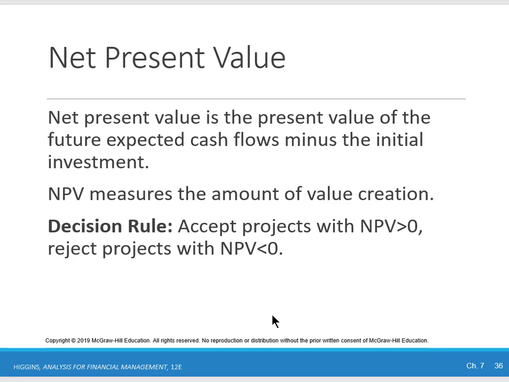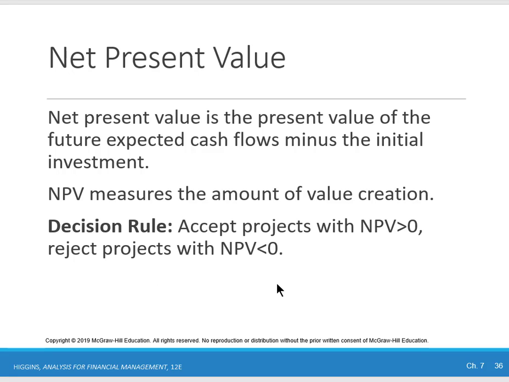What it measures, though, is the important part. It measures the amount of value creation. In other words, it measures shareholder wealth or corporate wealth increases or changes in wealth. So the decision rule says you accept projects if the net present value is greater than zero, which means you're adding value.